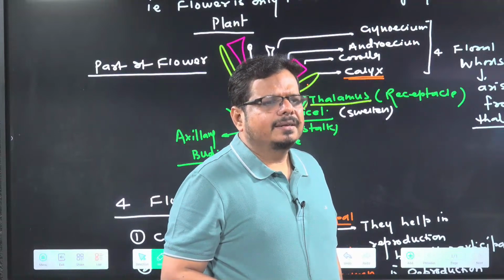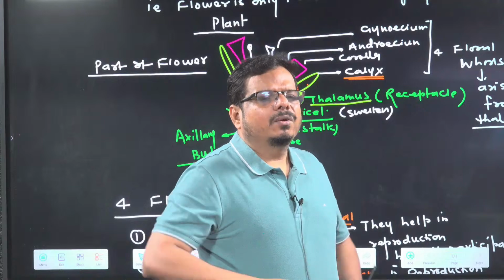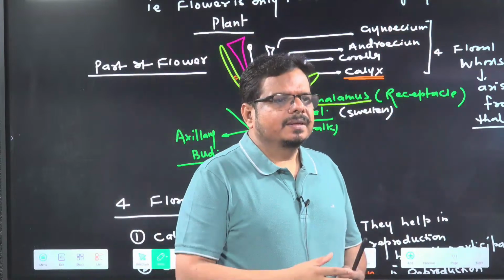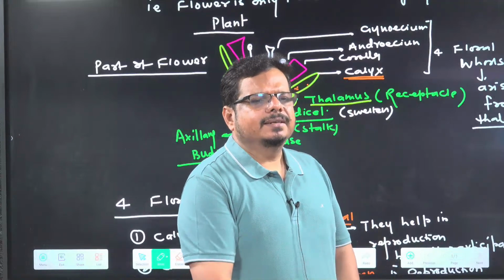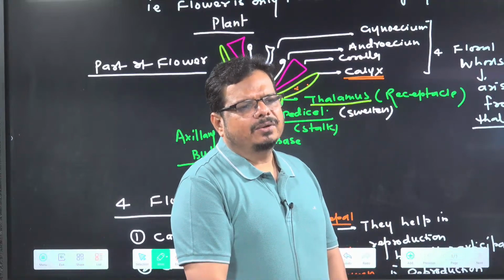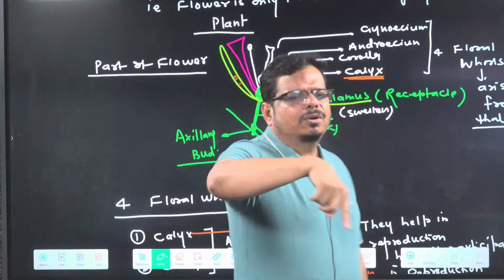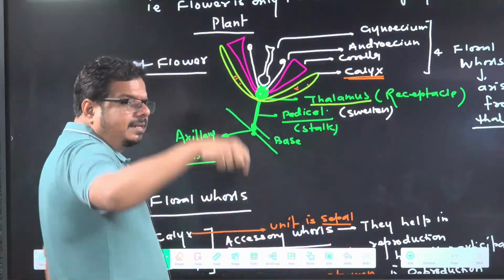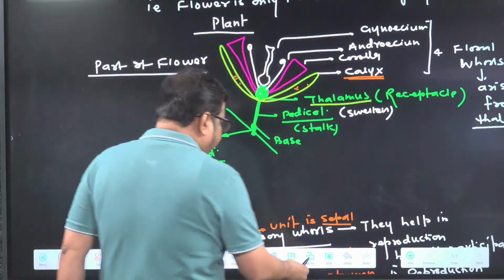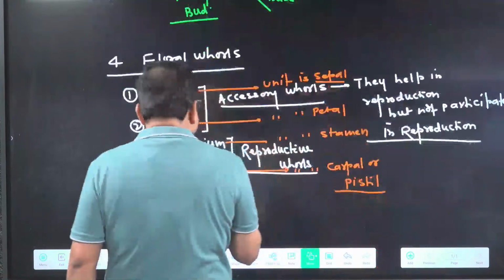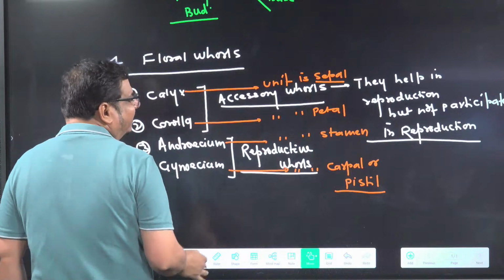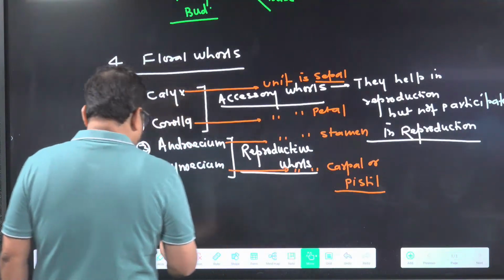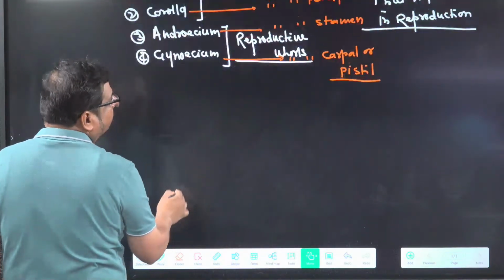Is it all right? And the overall red layer is called what? Corolla. The whole whorl is called corolla, but a single leaf is called petal. Clarity came? I think everybody knows about it. It's a long-term batch, and at certain times we forget. Anyhow, I am coming on.